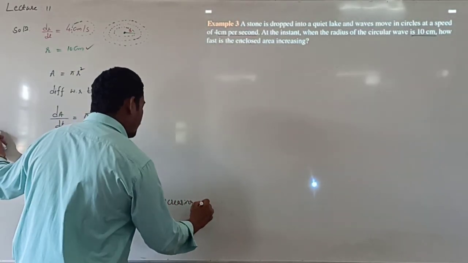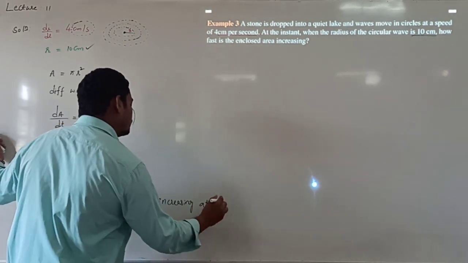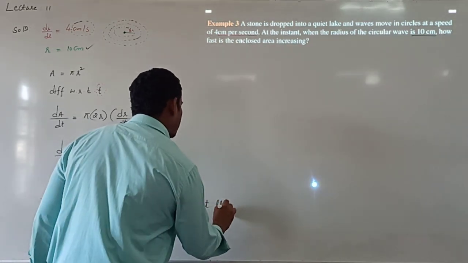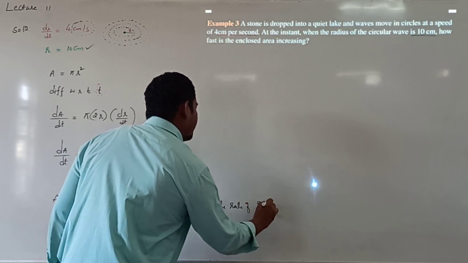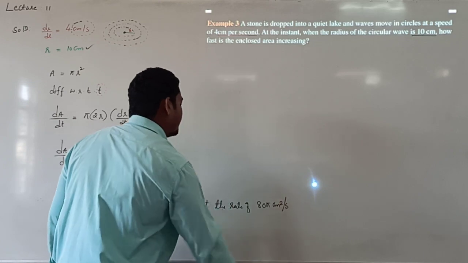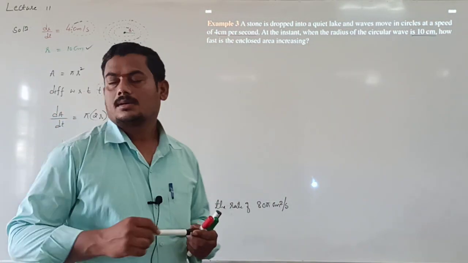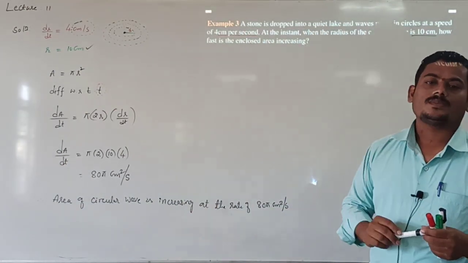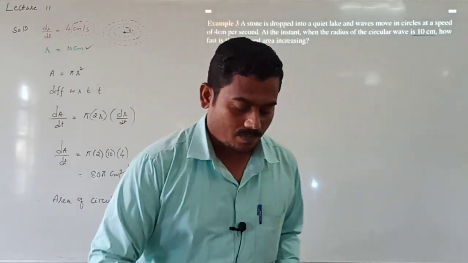Increasing at the rate of 80 pi square centimeter per second. Right? This is the rate of change of enclosed area of the circular wave. This is our solution. Right? Next problem.